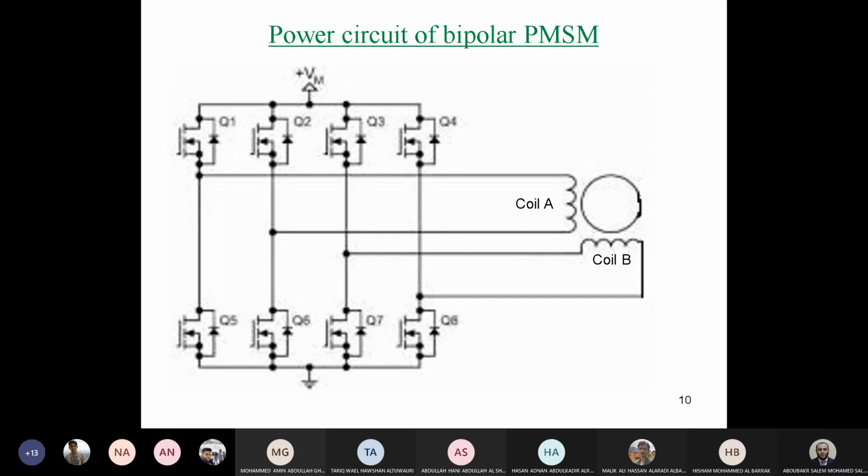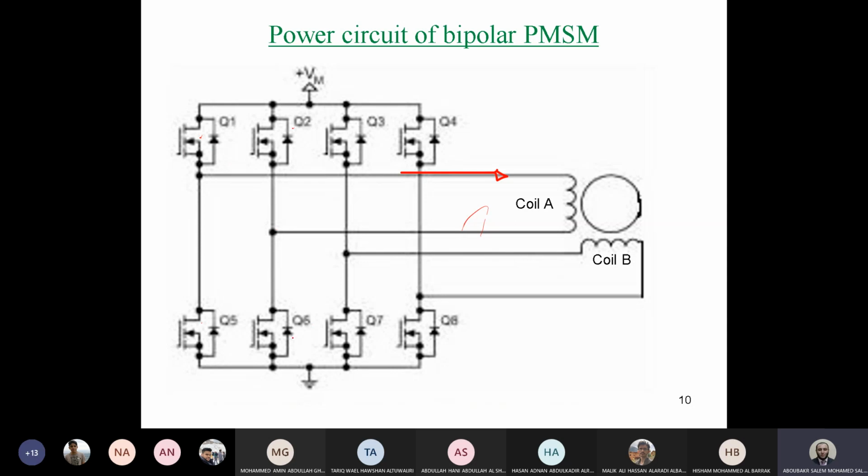Now, as we said, in order to reverse the current in the coils, in this direction or in the opposite direction, you need to have one full bridge for each coil. For that, here we have Q1, 2, 5, 6 approximately.